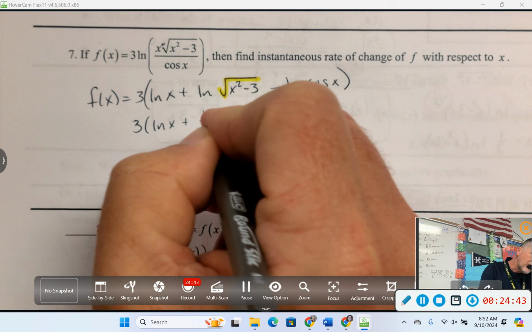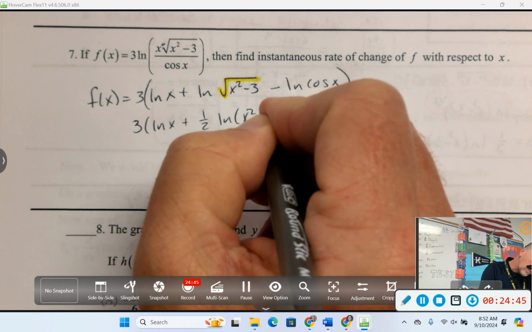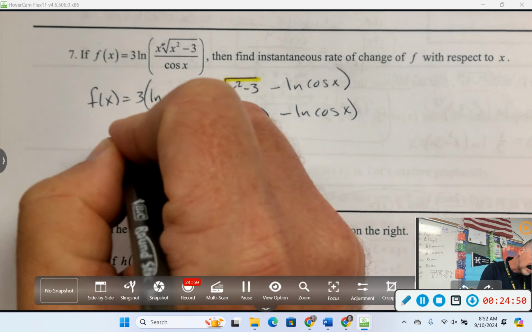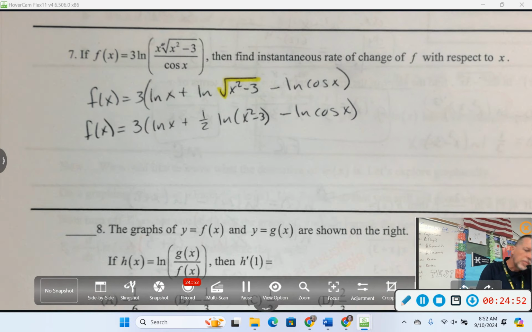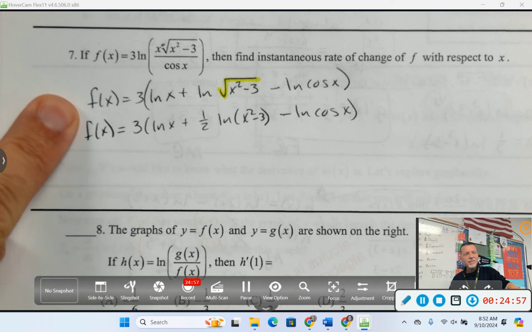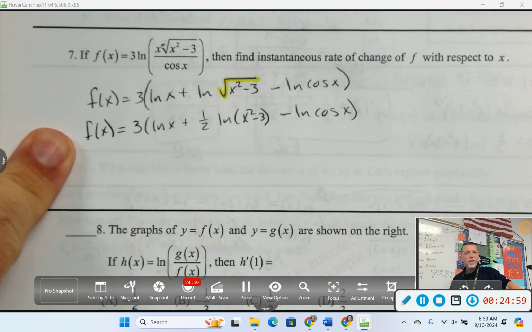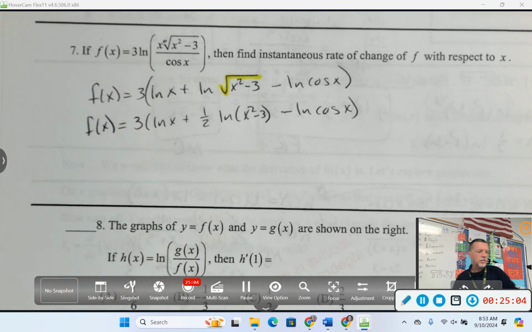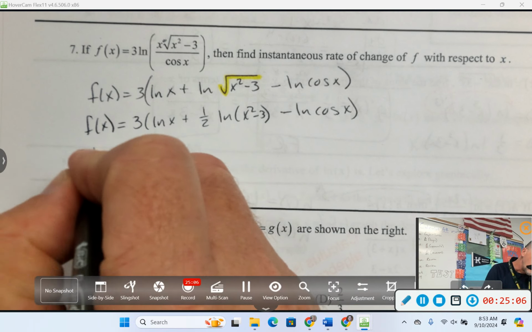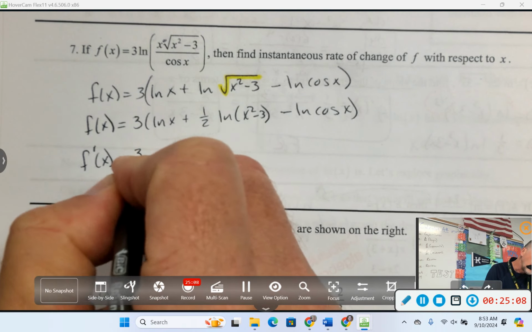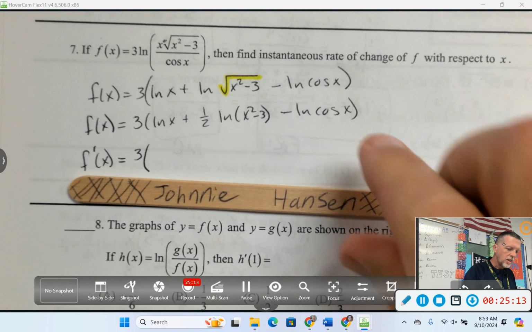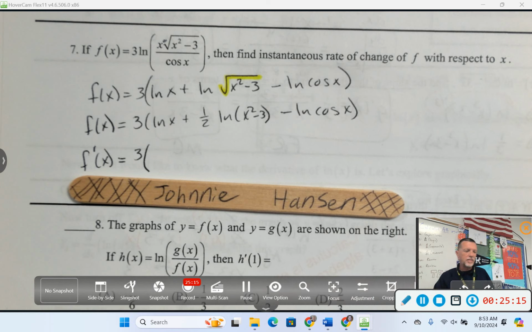So 1/2 natural log of x squared minus 3 minus natural log of cosine x. You need to keep labeling these because I'm about to switch from f to f prime, and if you don't have them labeled, I don't know when you made the switch, and it's hard for me to grade what's going on. Now we're ready to take a derivative. I can call on some more people. Johnny, how about the derivative of natural log of x?